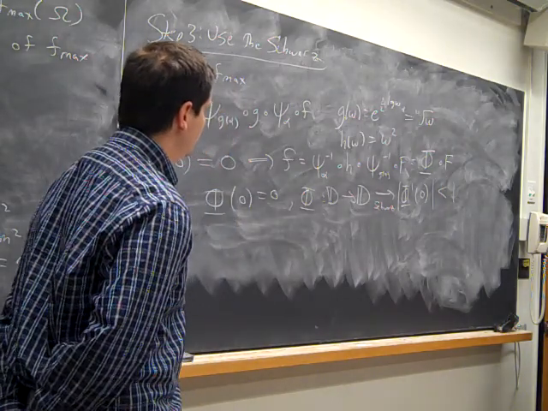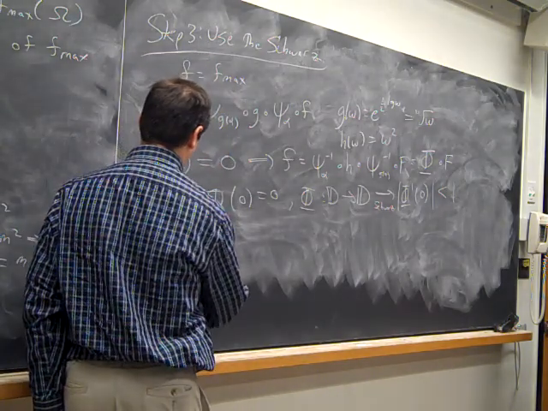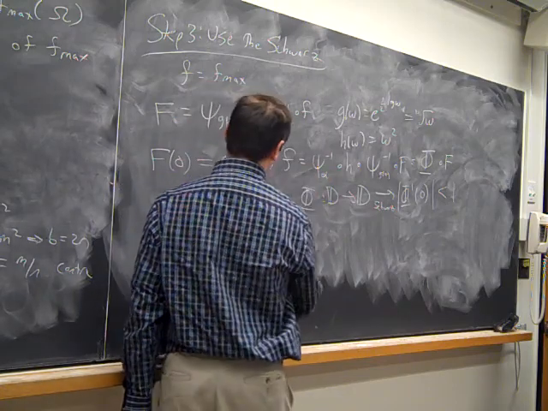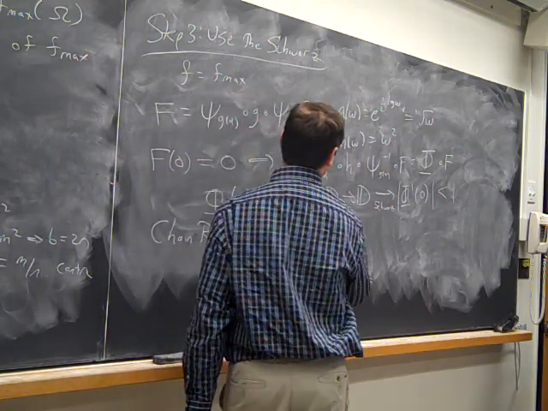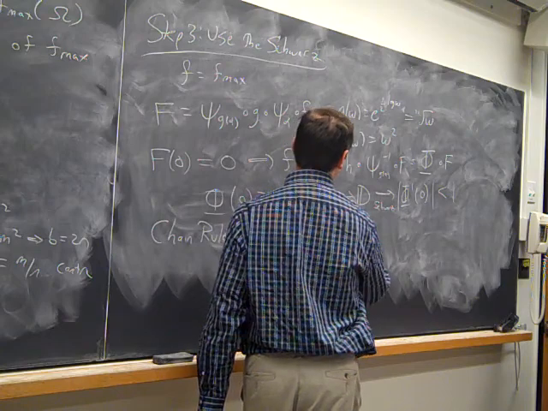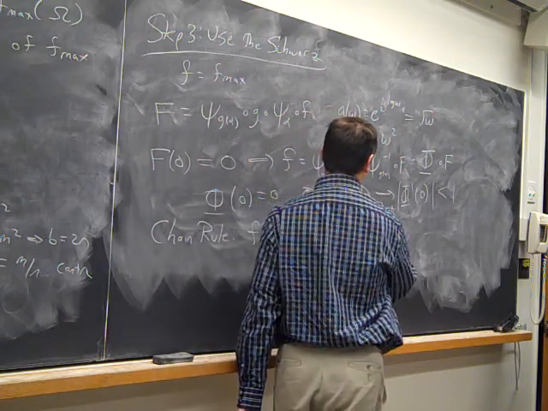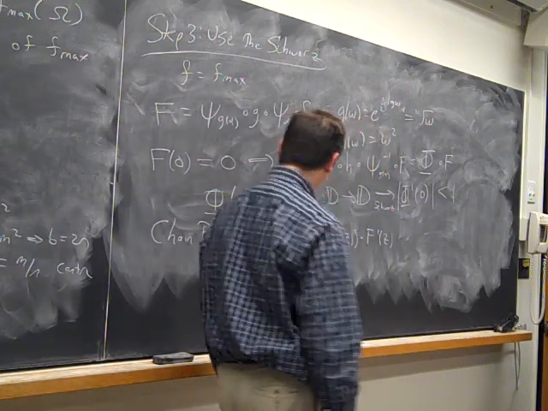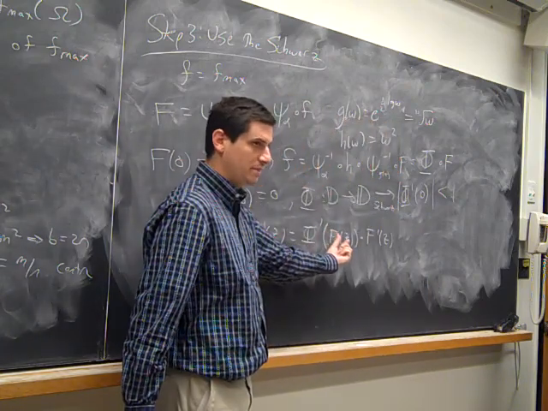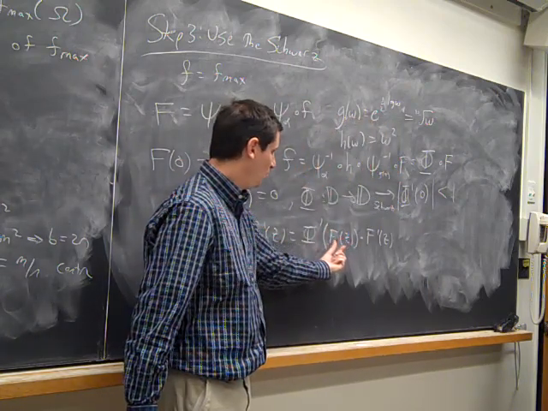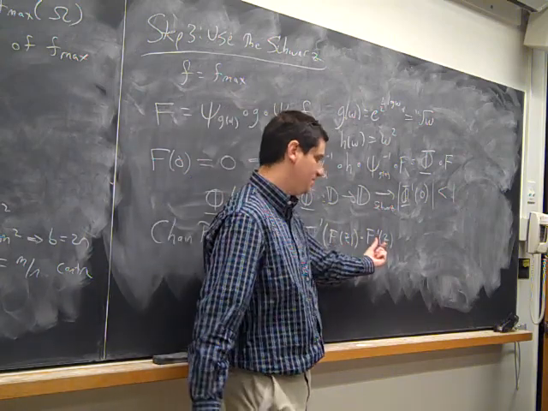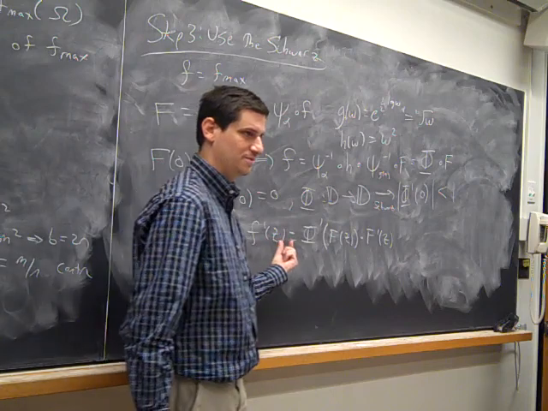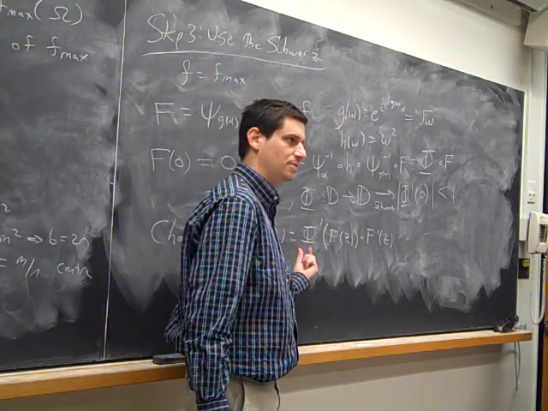And now we have chain rule. So the chain rule tells us f prime of z is big phi prime of big F of z times big F prime of z. This is less than 1 in absolute value. What can you tell me about big F prime at 0 versus little f prime of 0? Less than.